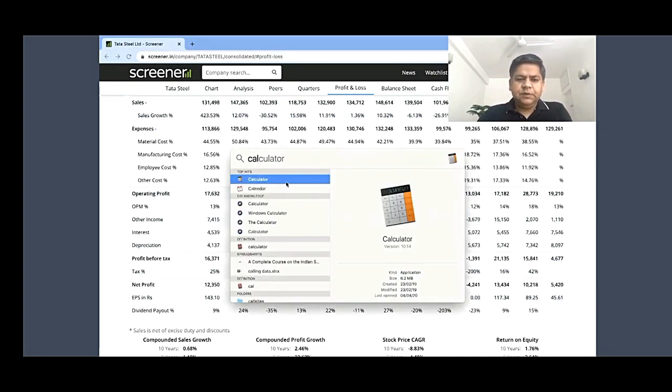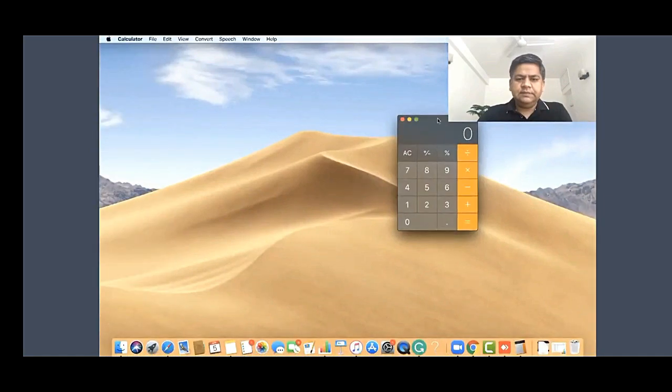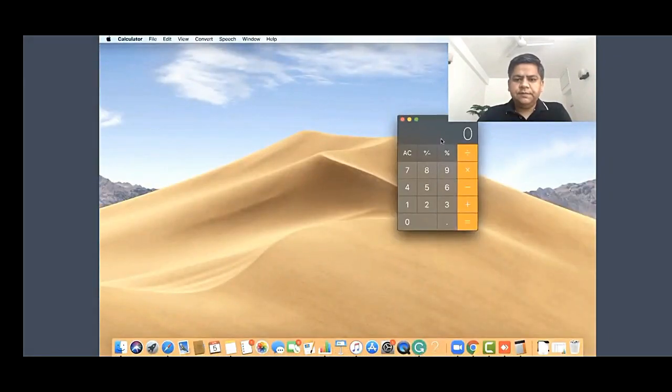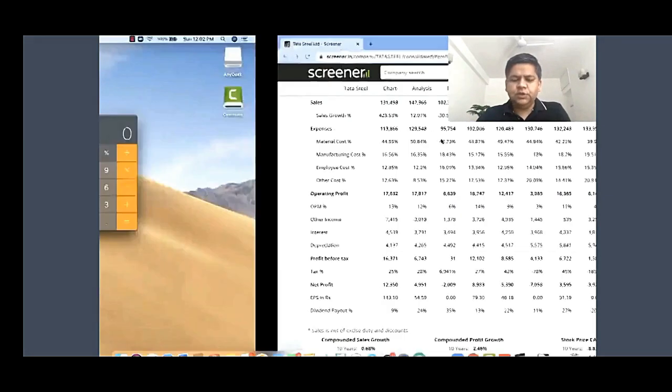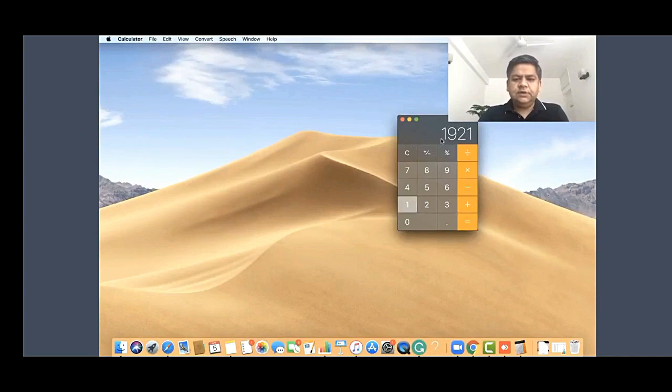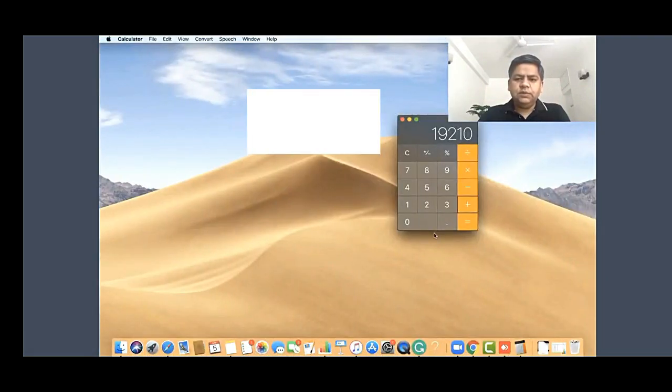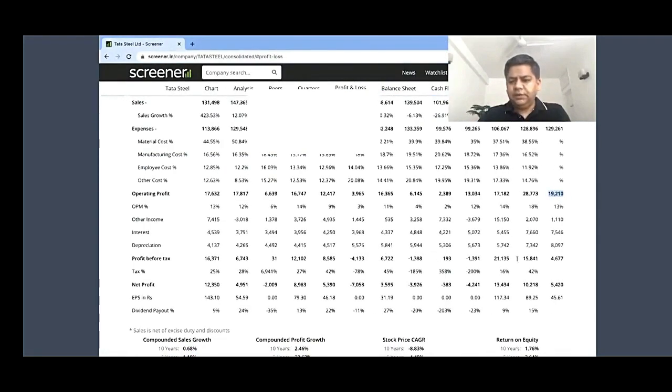So let's say open the calculator. Now operating profit of 19,210 crore plus 1,110, that comes down to 20,320 crore.